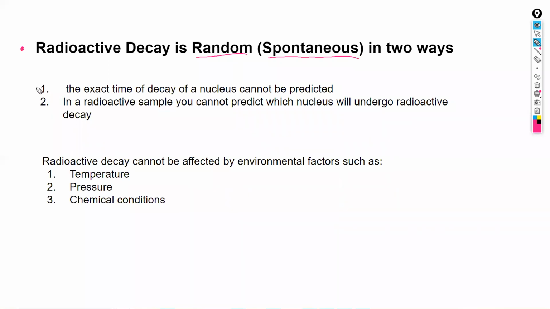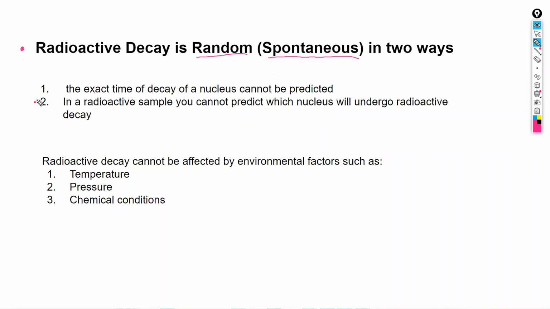And look at it. One, it's random in 2 ways. One, the exact time of decay cannot be predicted. So you don't know at what time, in my example, within the 20 seconds. Also, like we said, you cannot predict which half is going to decay.